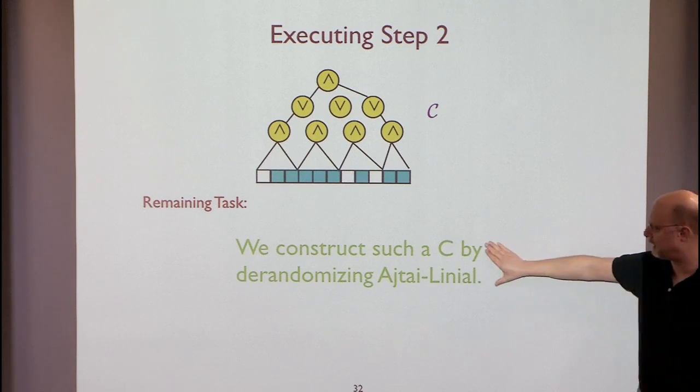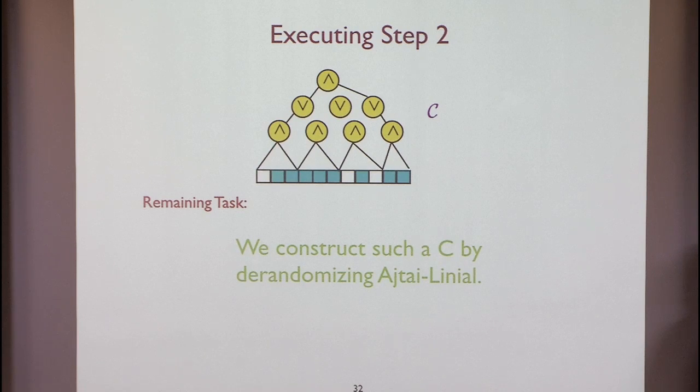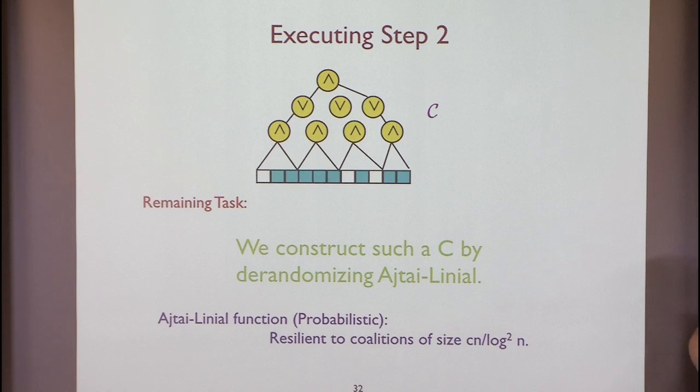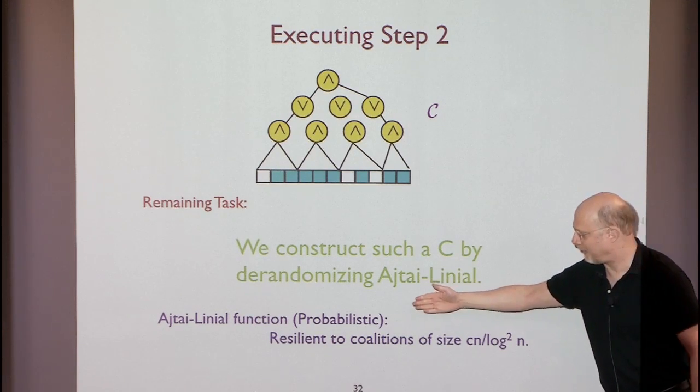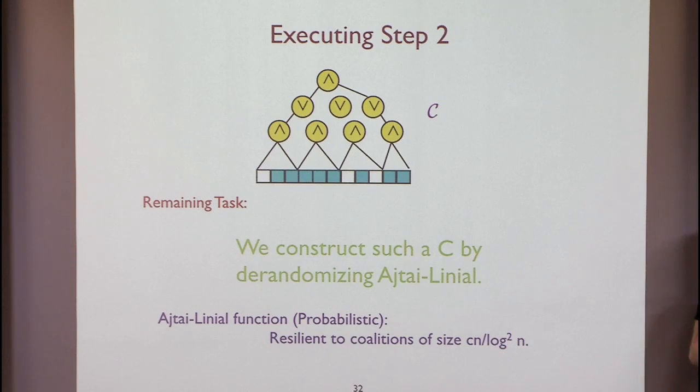We're going to construct such a function or circuit C by de-randomizing Ajtai and Linial. So let me tell you about Ajtai and Linial's work. Ajtai and Linial gave a probabilistic construction of a function that's resilient to n over log squared n bits. Again, majority is resilient to about square root n bits.